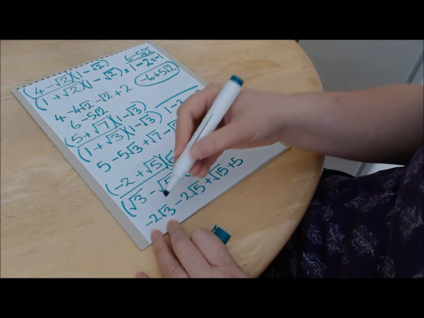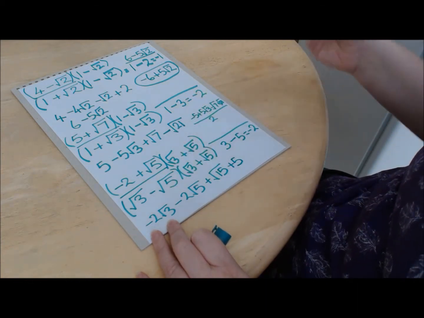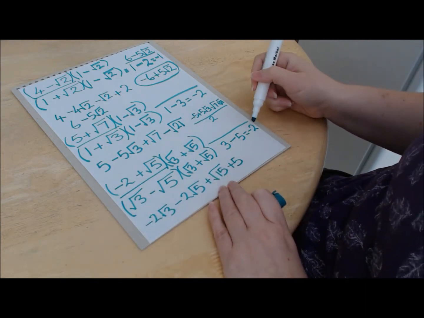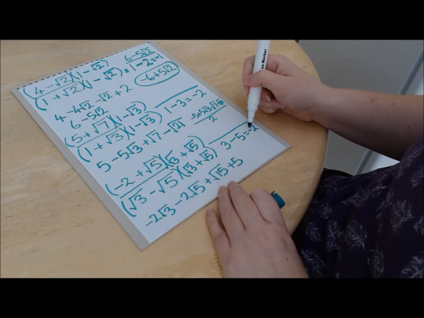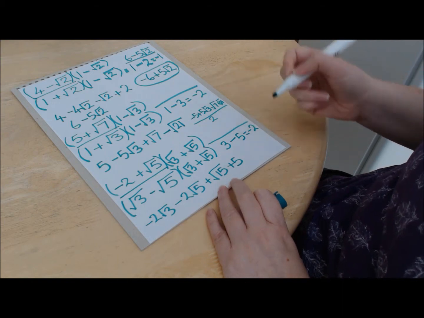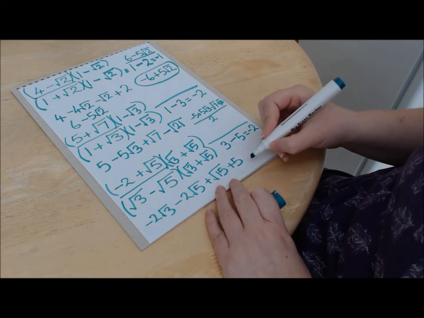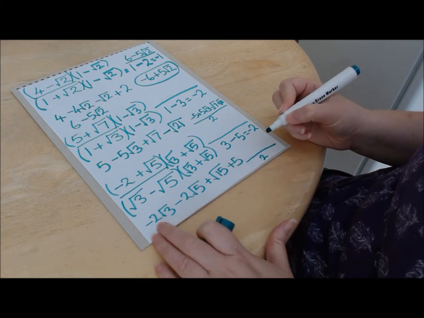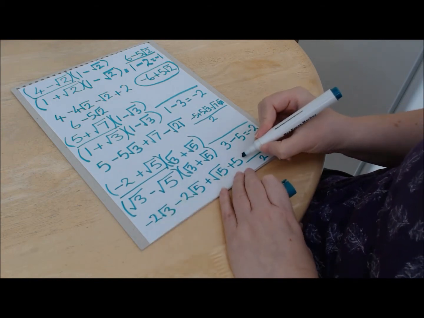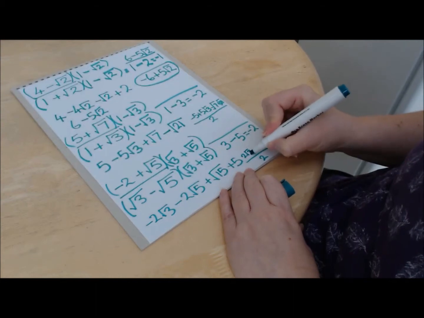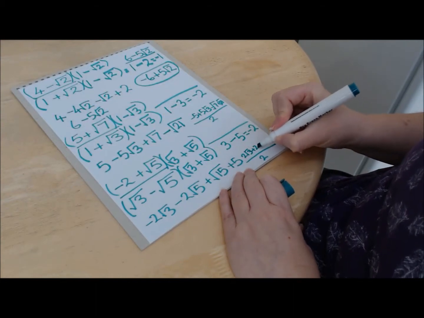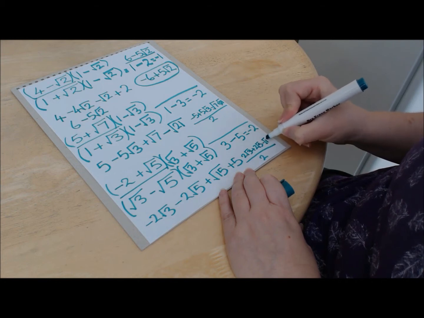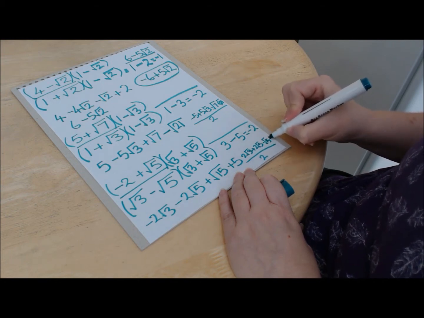Okay, again, if you look at this, you can see there's no parts of that we can actually combine. And again, we've got that minus 2 situation on the bottom, and so that it looks nicer and we just have 2 on the bottom, again, we're just going to change all the signs here. So we'll have 2 root 3 plus 2 root 5 minus root 15 minus 5.